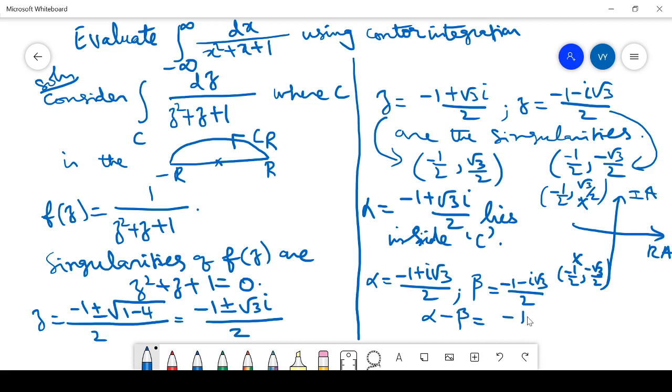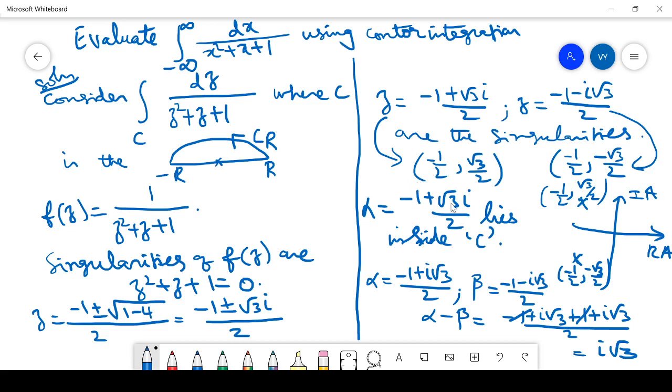This will be minus 1 plus i root 3 plus 1 plus i root 3, whole divided by 2, which will be i root 3, because plus 1 and minus 1 get cancelled. 2i root 3 by 2 will give you i root 3. So remember this.